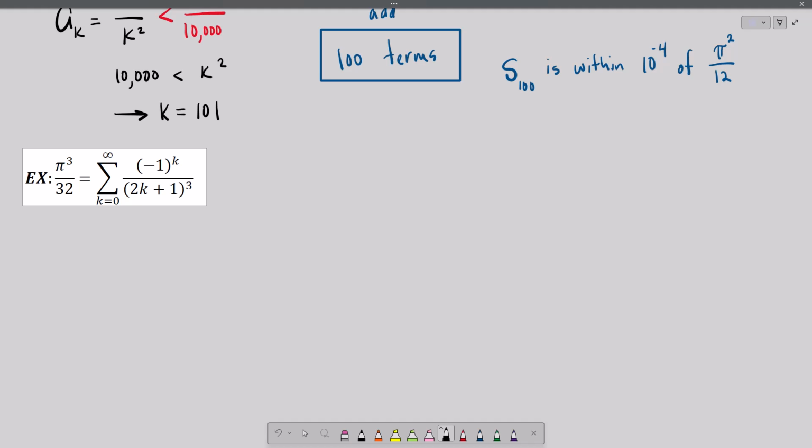To what magnitude? Say again? To where? 10 to the negative 4, so within 10 to the negative 4 of that limit, or of that sum.